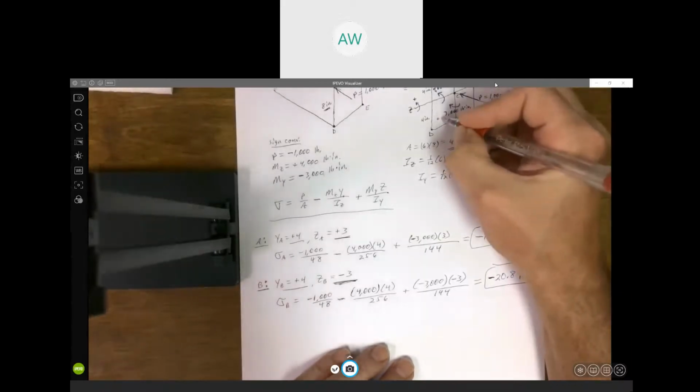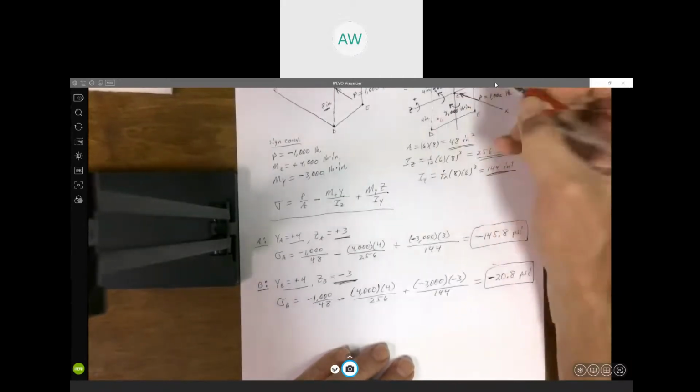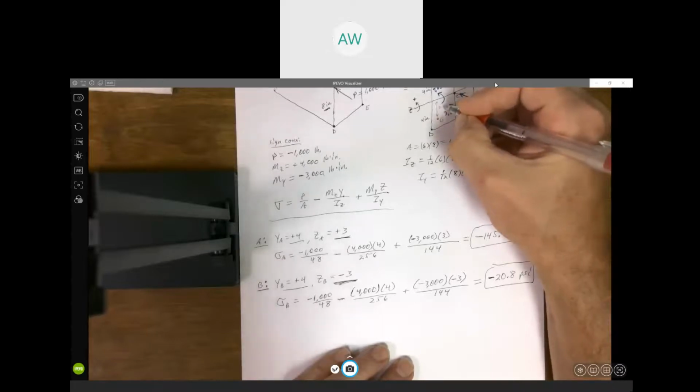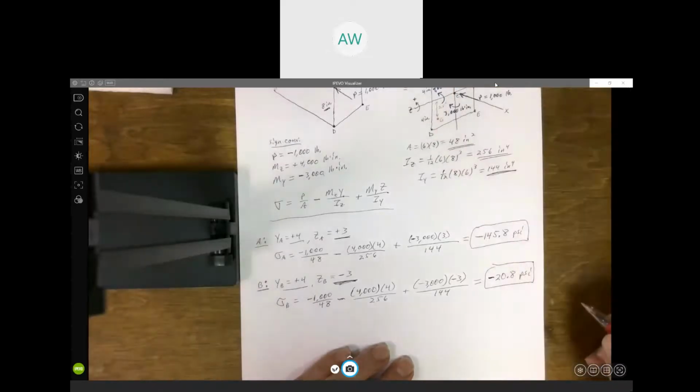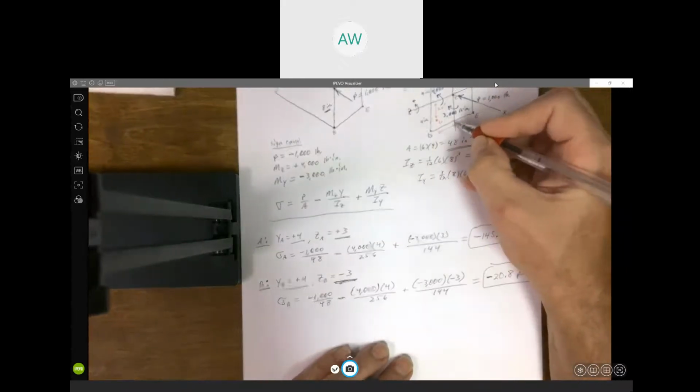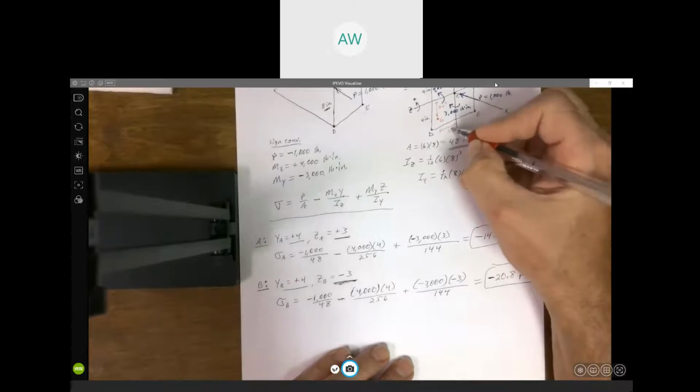We'll call this point G. And let's say this is 2.5 inches below the z-axis. Let's say that would be, I don't know, say 2 inches.